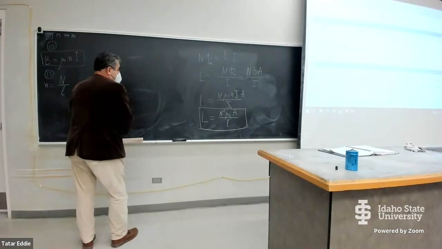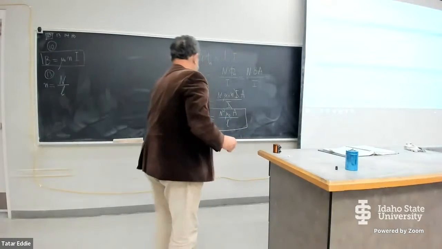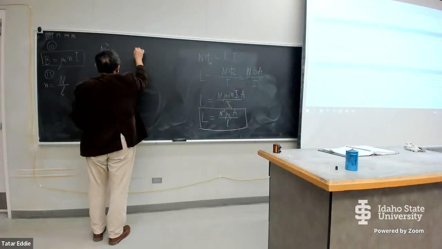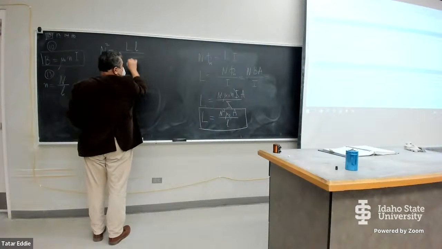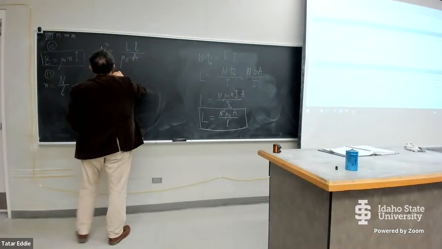So when you solve this expression for N, you have N squared is equal to inductance times the length divided by magnetic permeability and cross-sectional area.